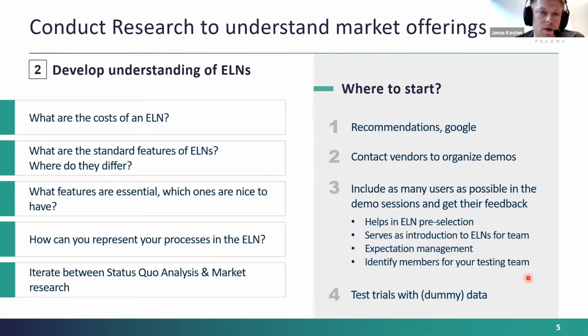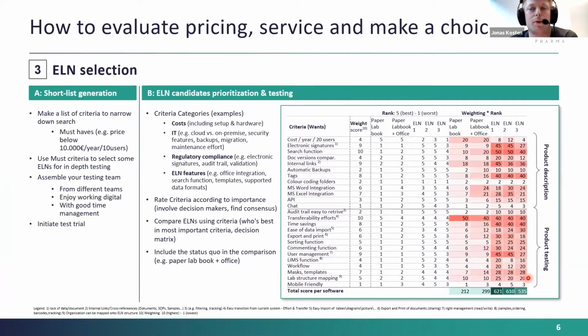Now the real test comes in this slide, and I will walk you through step by step. So I will get to this more complicated part soon. The first thing we did was a shortlist generation, and we used certain criteria which we called must-have that definitely need to be fulfilled. This could be, for instance, the price, let's say 10,000 euros per year for 10 or 20 users.